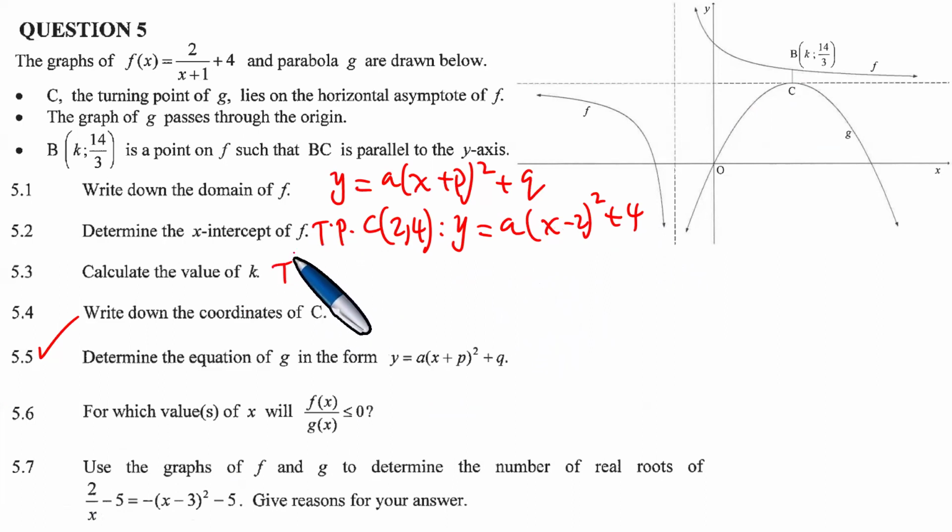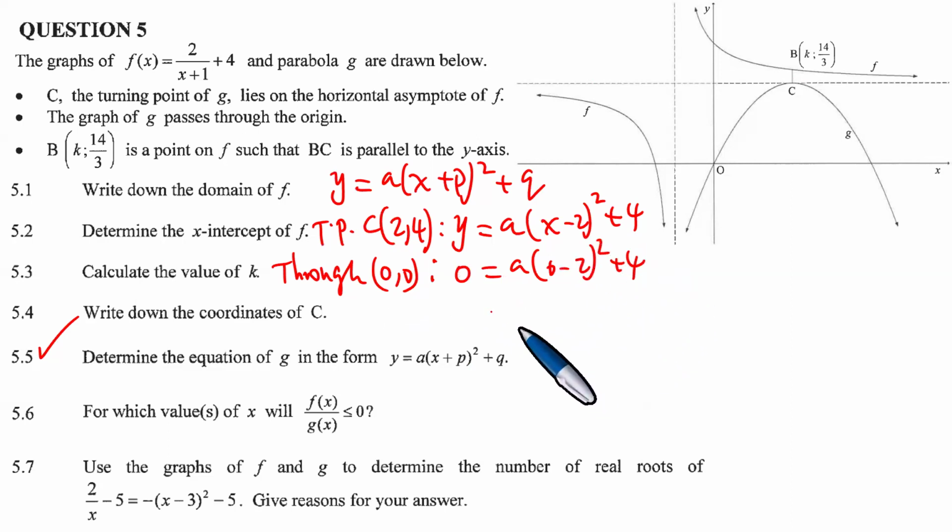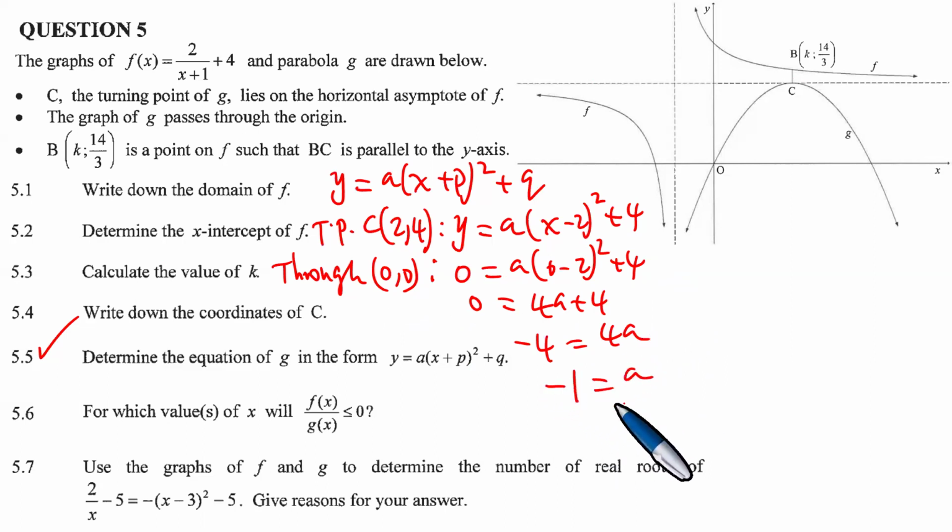It passes through the origin, so 0 equals a times 0 minus 2 squared plus 4, so 0 equals 4a plus 4, which means 4a equals -4. Dividing through by 4, a is minus 1.